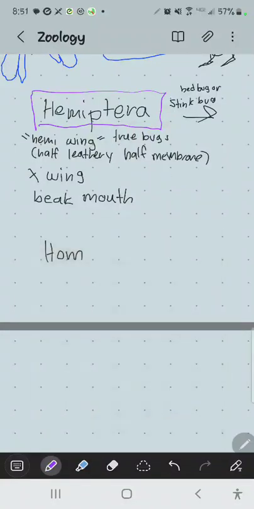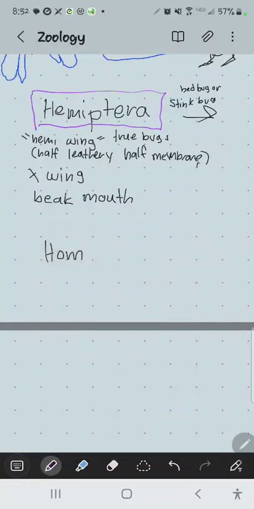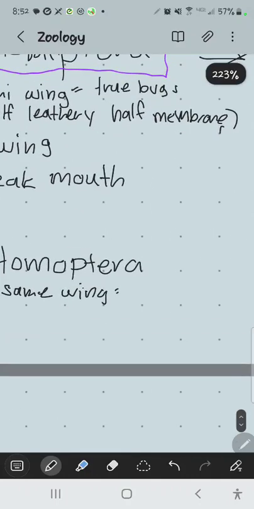The Homoptera, kind of like Isoptera. Homo means same, and ptera means wing. And what this refers to is, rather than the wing being half membranous and half leathery, the wing is all membranous in this one.